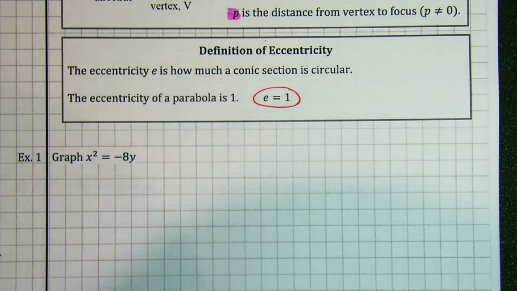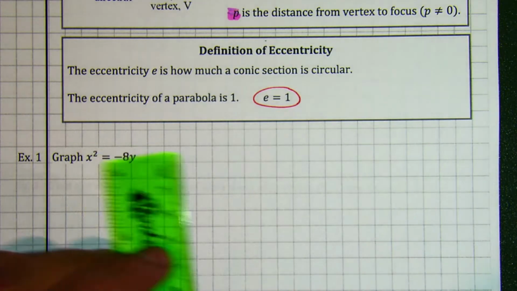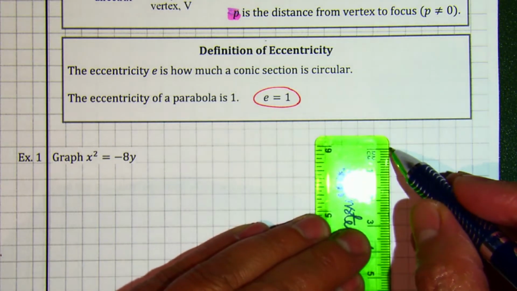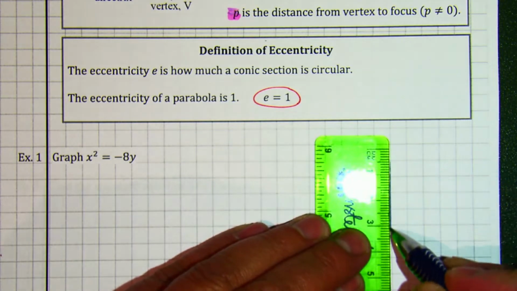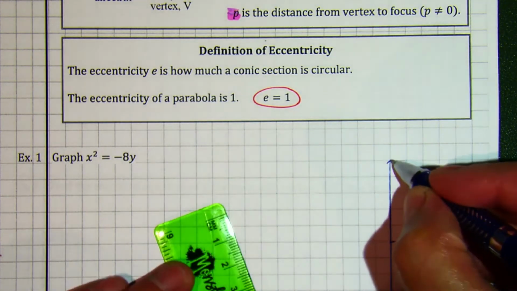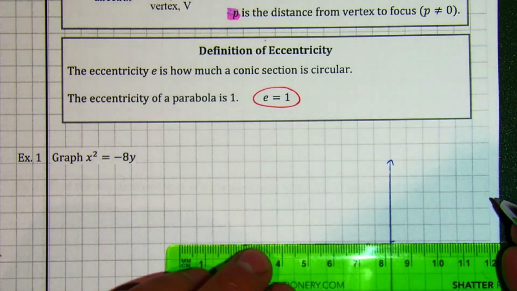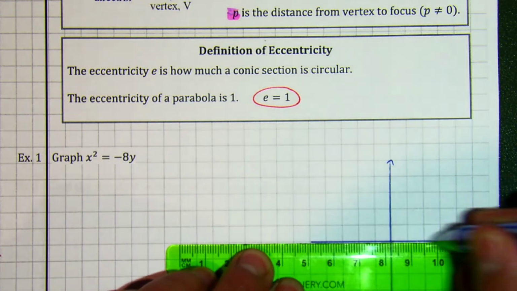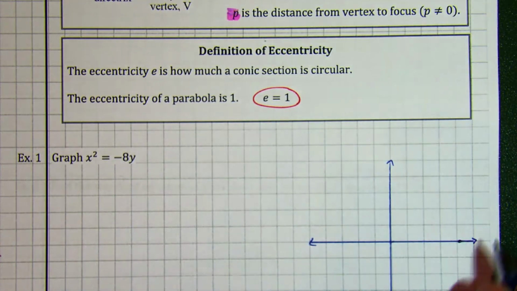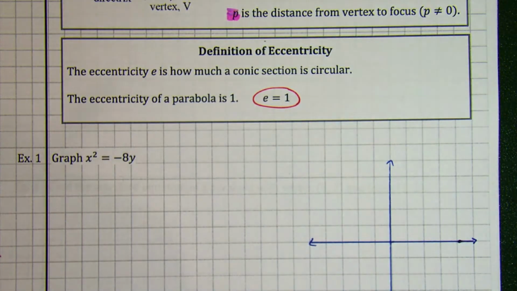So let's go and make a graph. Let's make a 5 by 5 graph. Before I start, I need to decide whether my parabola is facing up, down, left, or right.